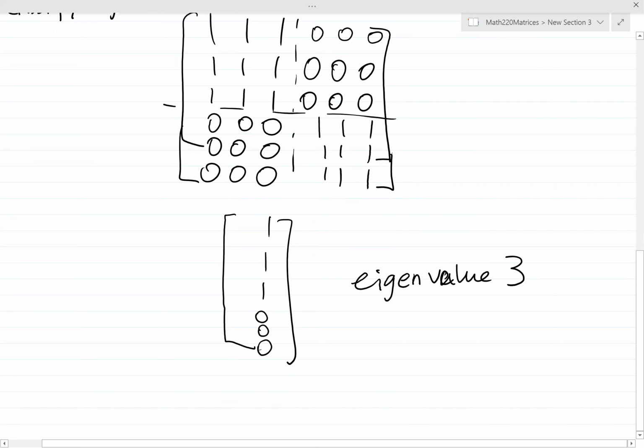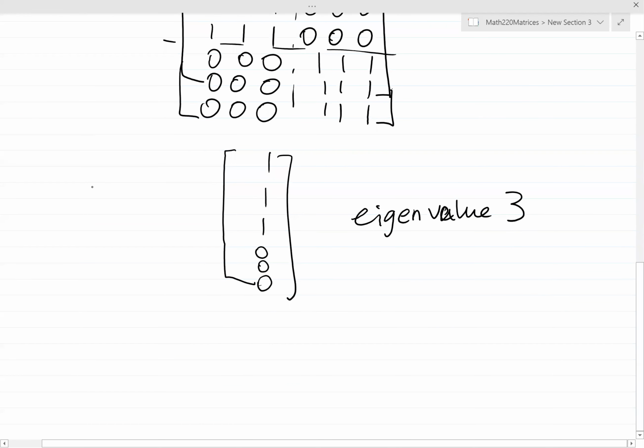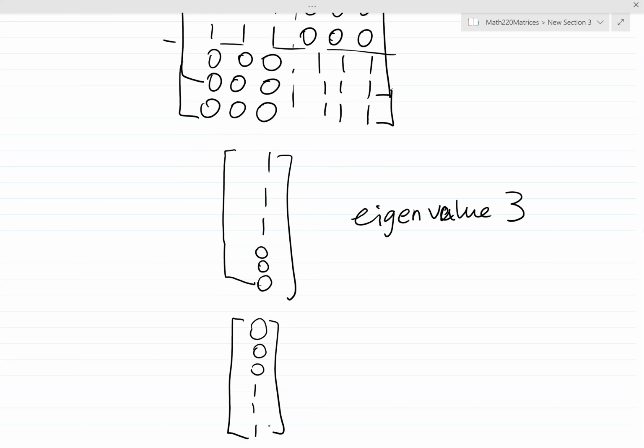This is very easy. Another eigenvector is (0, 0, 0, 1, 1, 1). You can multiply and find this is also an eigenvector, and the eigenvalue is 3.